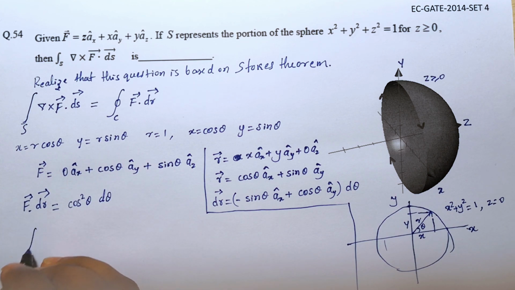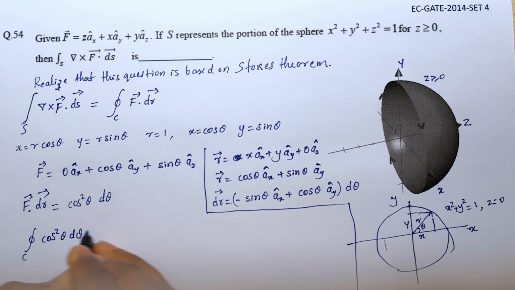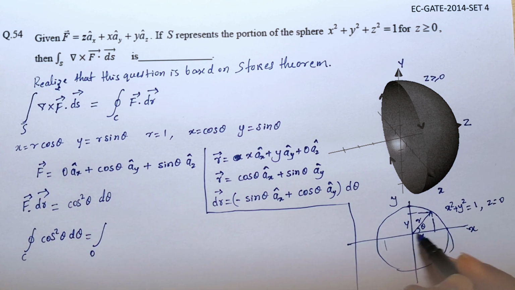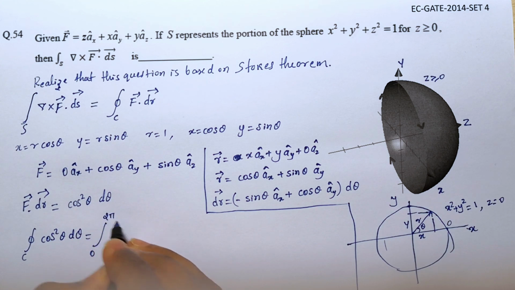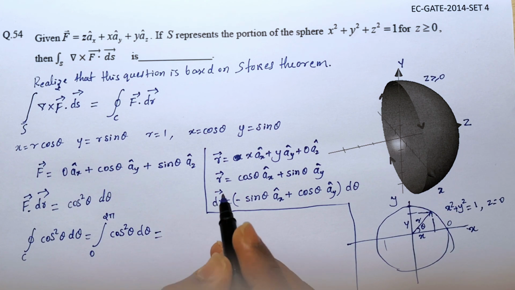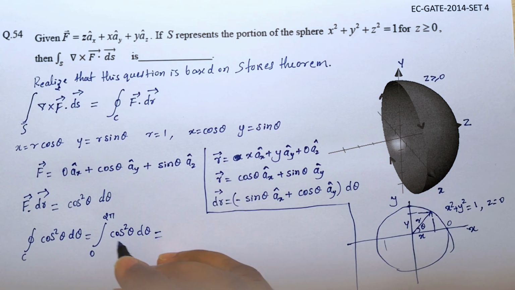Now the value of the line integral of cos squared theta d theta: this circle is going from 0 to 2 pi, the whole circle. So it is the integral from 0 to 2 pi of cos squared theta d theta, which is quite a simple integral to solve.